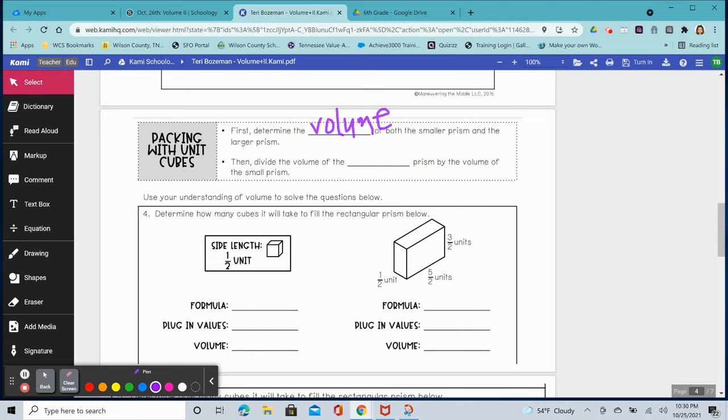Divide the volume of the large prism by the volume of the small prism. Sorry, that's really sloppy here. Let's see if I can write that a little more neatly. Divide the volume of the large prism by the volume of the small prism.